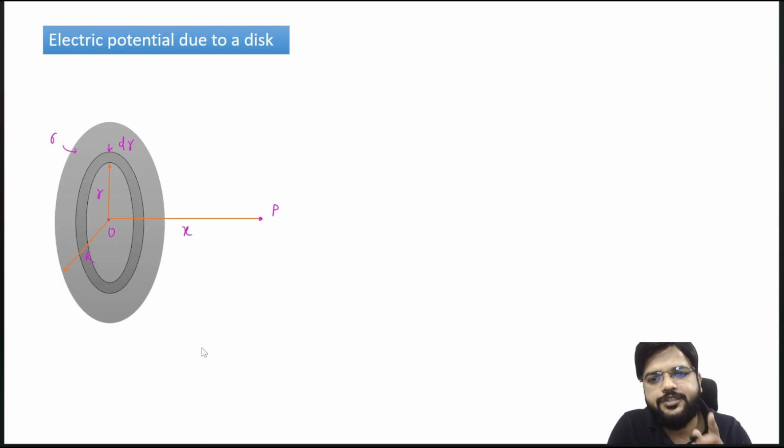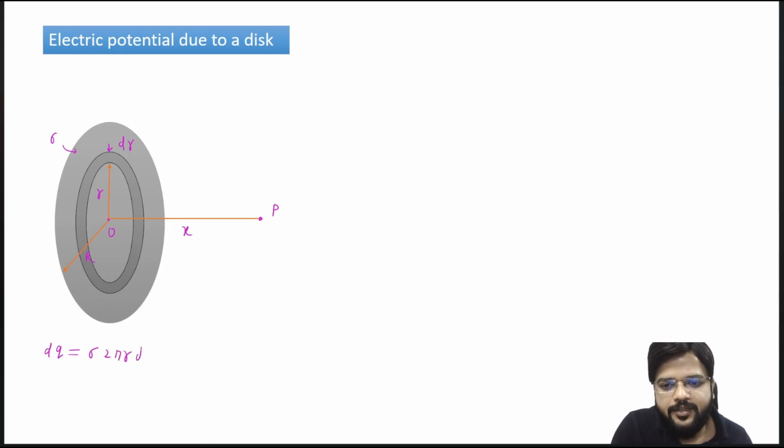First of all, I will write the potential due to this ring at this point P. Let's suppose the charge present on this ring is dq. And dq can be written as sigma times the circumference of the ring, 2 pi r, times the thickness dr. So 2 pi r dr is the area of the ring, and if we multiply with the surface charge density, then we get the charge present on this ring, dq.